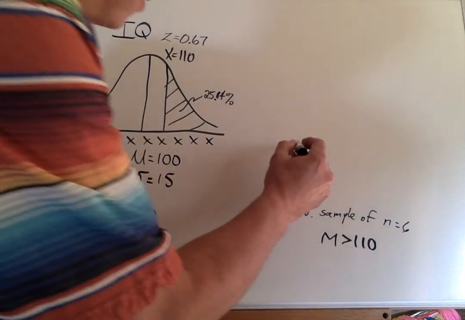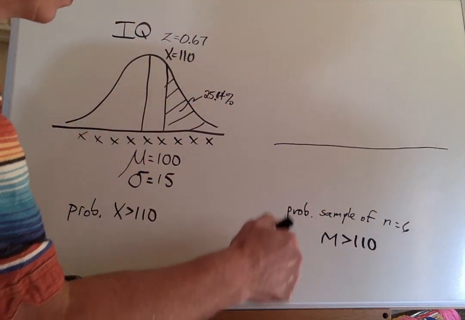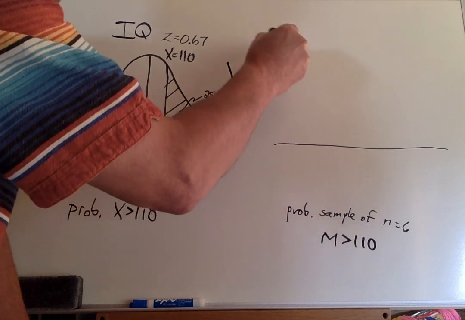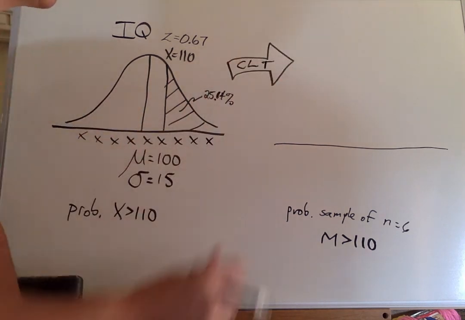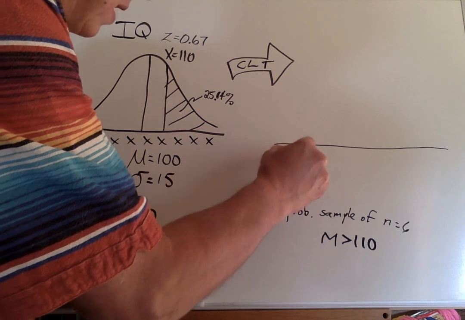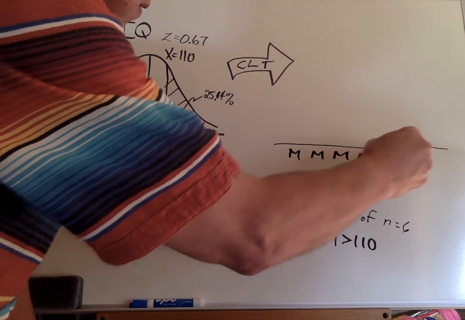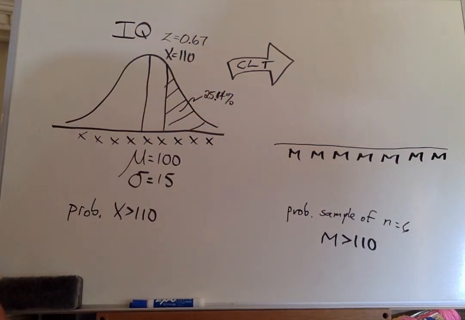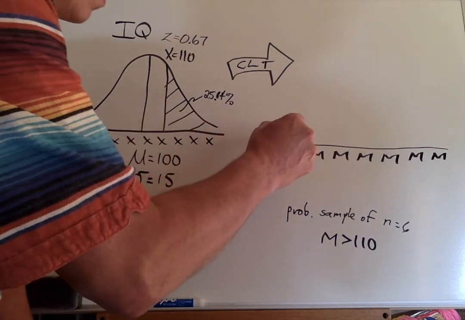Okay, so here's what we're going to do. I'm going to do this little thing like this that I like to do. I need to use my central limit theorem to say, well, what would samples of 6 look like? What would samples of 6 look like? Okay. And I know that it's going to be less variable than this.